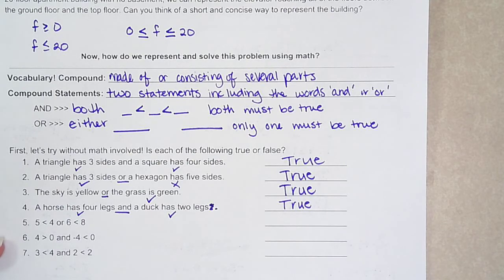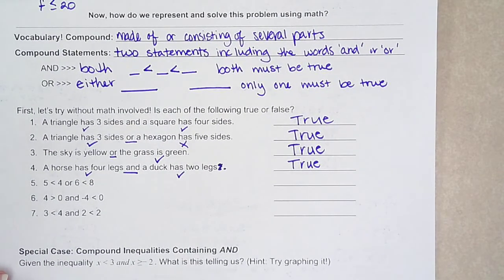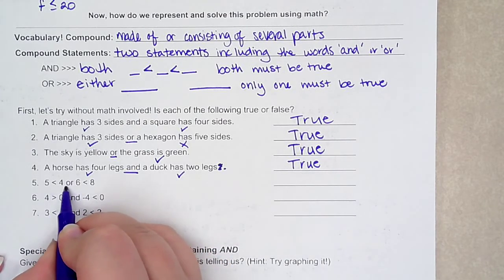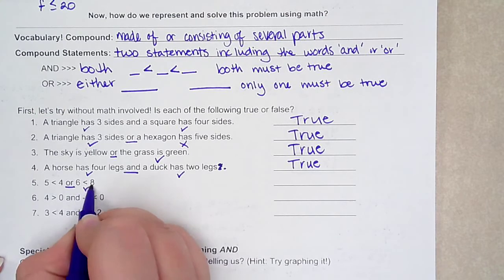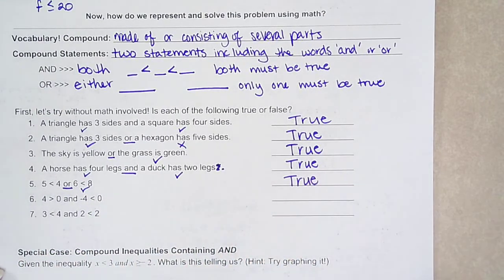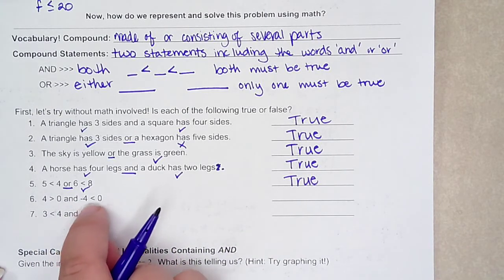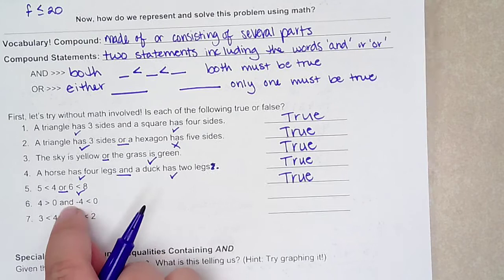All right, now let's make it a little harder with math. 5 is less than 4, or 6 is less than 8. The first one isn't true, but because it's an or statement and the second one is true, the whole statement is true. 4 is greater than 0, and -4 is less than 0. It's an and.